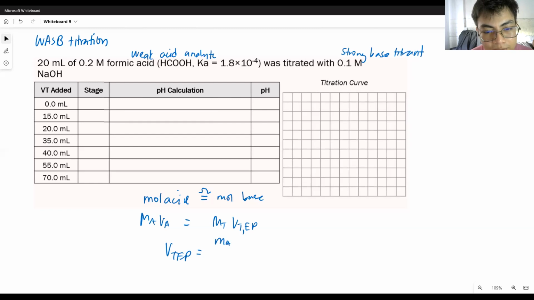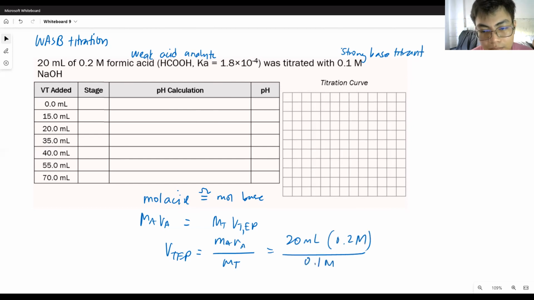So it will be MAVA over MT. So you have 20 ml, 0.2 molar divided by 0.1 molar. So ang sagot dito, 40 ml titrant. So the amount of titrant that's needed to neutralize your formic acid is 40 ml.